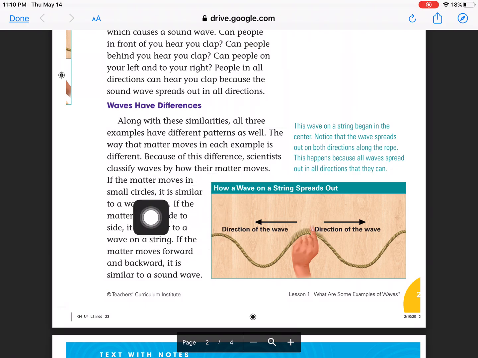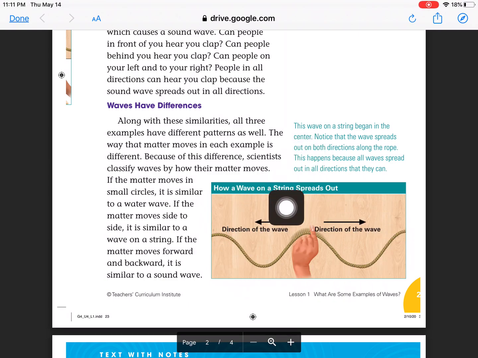So remember when we wrote about the boat. If the matter moves side to side, it is similar to a wave on a string. If the matter moves forward and backward, it is similar to a sound wave. So they classify waves based off of how their matter moves.